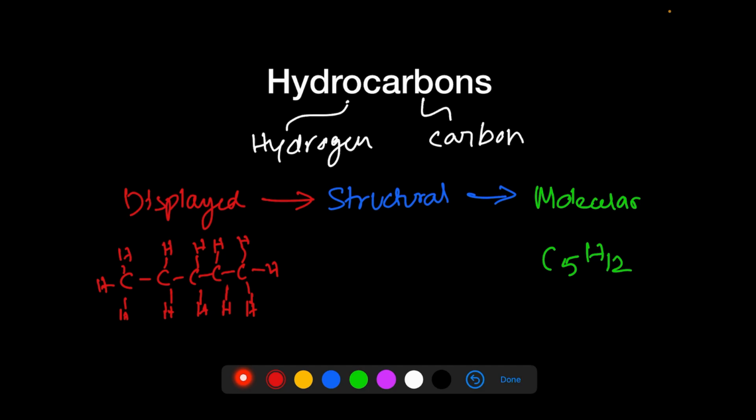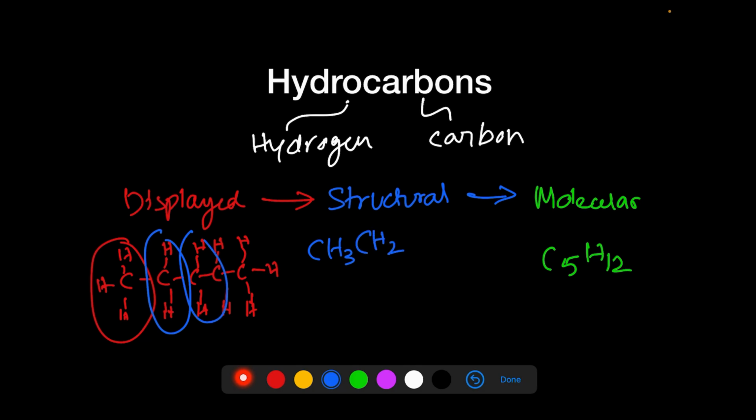And the structural formula: one C is bonded to 3 hydrogens, so it will be CH3, then CH2, CH2, CH2, and again a CH3.